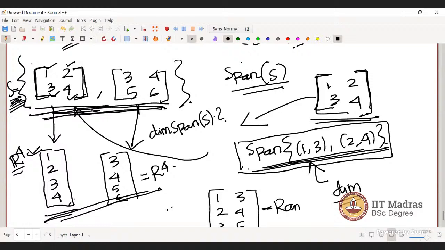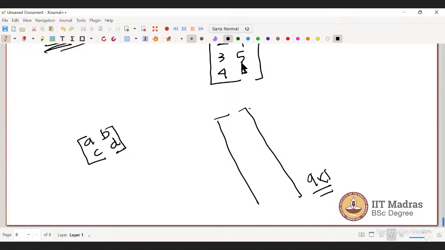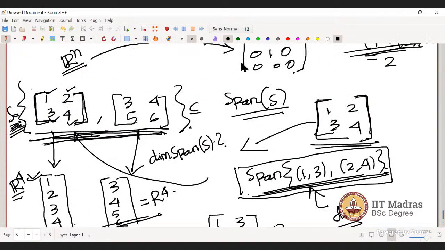Is there any way to look at the set S you defined, two 2 by 2 matrices, from a vector space angle? The main problem is that you are trying to mix two concepts.